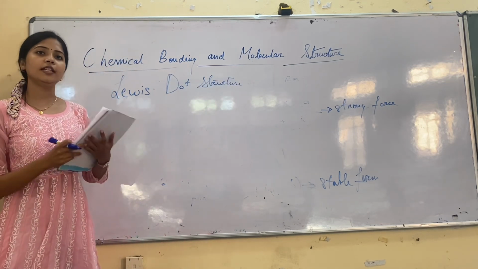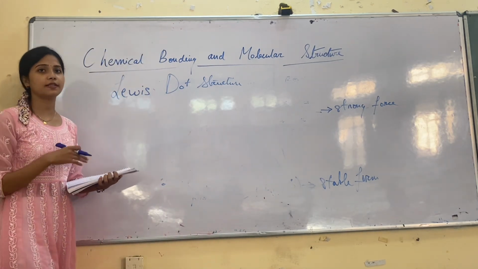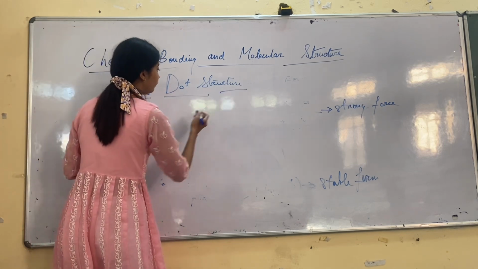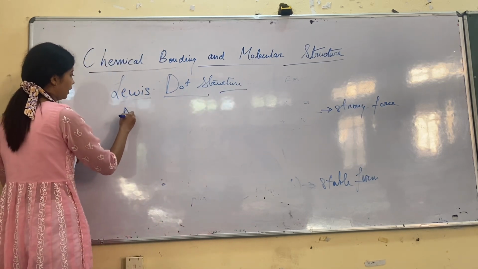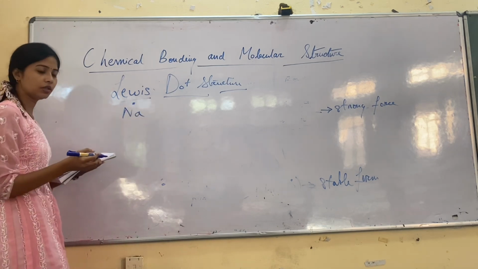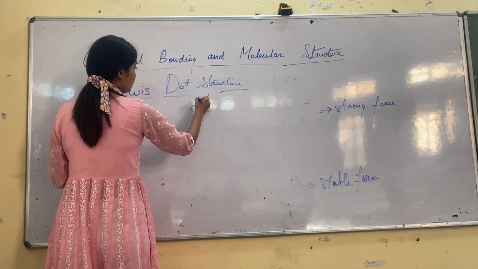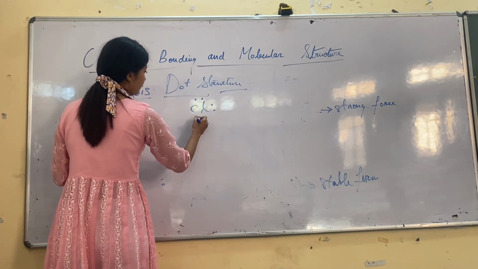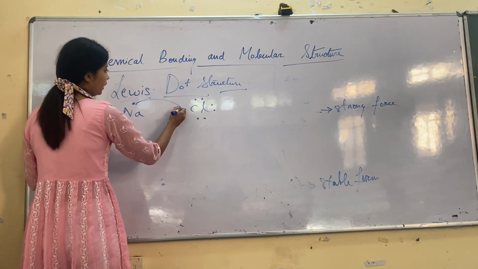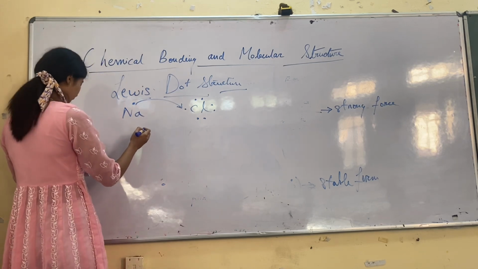This topic is very simple and important. As we have taken the previous example of NaCl, I am going to start with the example of NaCl in Lewis-Dot structure. Here Na has an extra electron in the outer shell, while Cl has 1, 2, 3, 4, 5, 6 and 7. It achieves the extra electron from the Na and becomes NaCl.